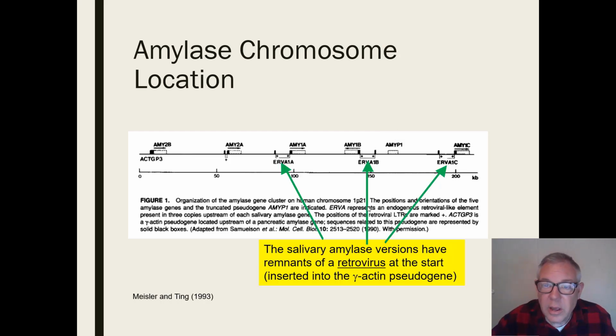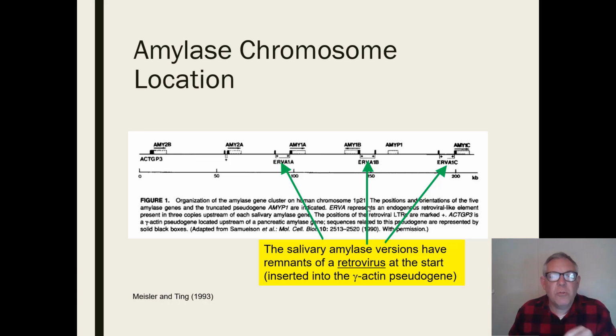Now, if you look at the salivary genes, the ones that are expressed in the saliva, they have remnants of a retrovirus near the start of those salivary amylase genes. And that retrovirus is inserted within that gamma-actin pseudogene. Remember that the original amylase gene had this different gene kind of stuck in the front that was just stuck there, didn't do anything, but it got carried along each time that amylase gene got duplicated.